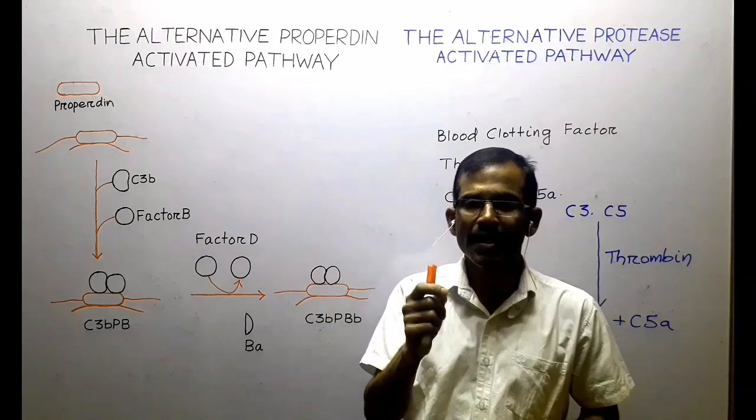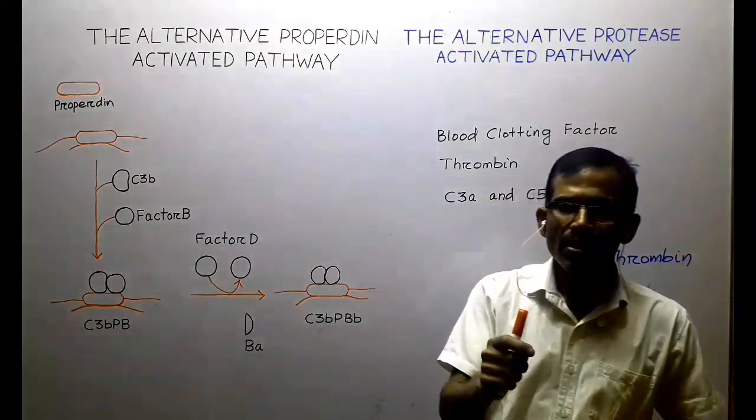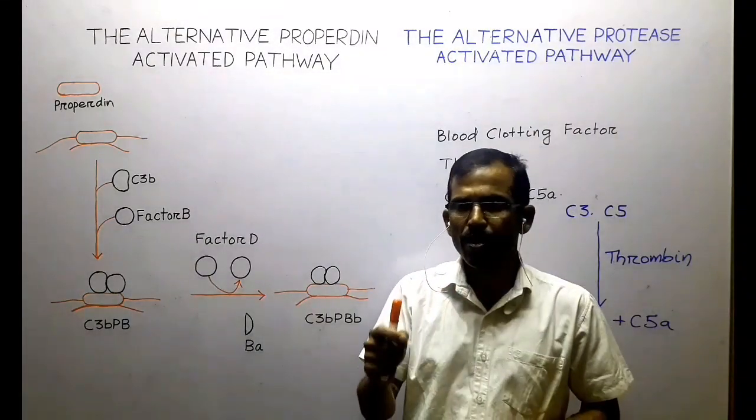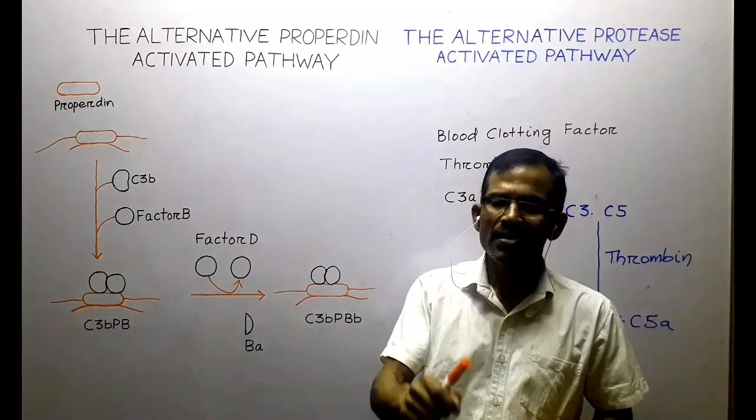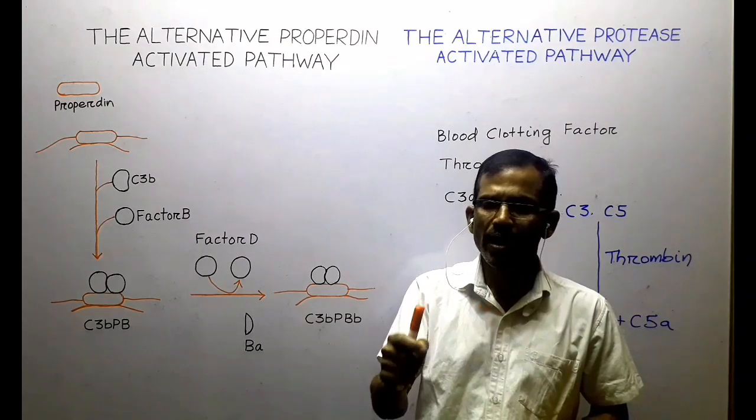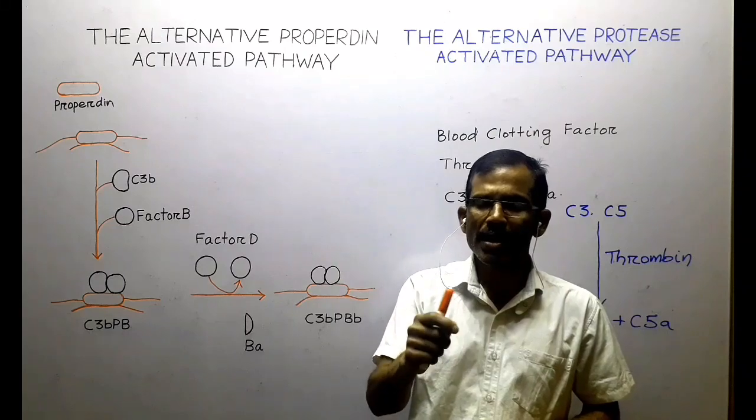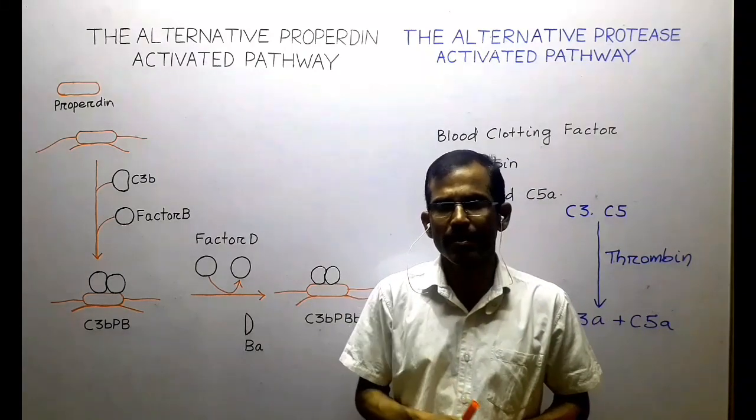Recent evidences indicate that, in addition to its stabilizing role, properdin could also initiate the alternative pathway of complement activation leading to the amplification.